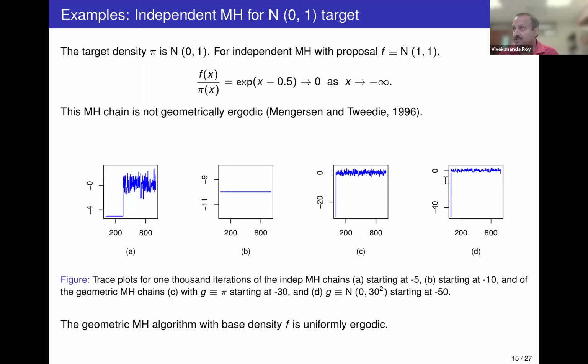In practice, I may not be able to use the target as g. So then I use a quite diffuse g, N(0,900). Again, I start at, say, -50 even. It moves to the target in less than 5 iterations. And we were able to show that this geometric Metropolis algorithm is uniformly ergodic, whereas the original independent Metropolis is not even geometrically ergodic.